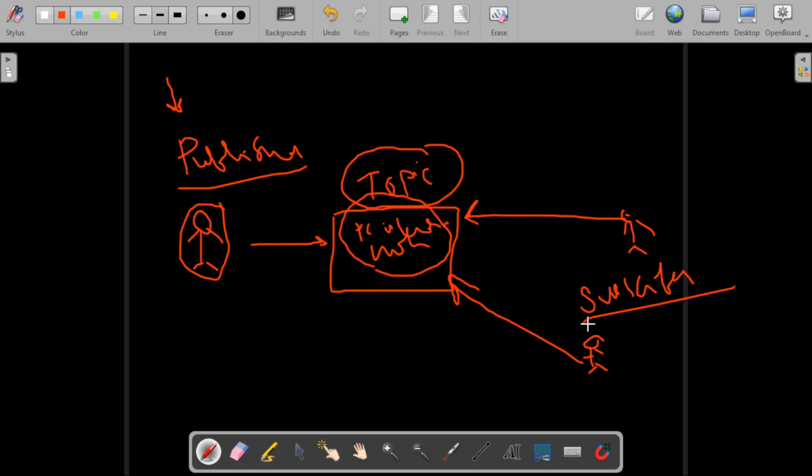This guy can consume the same message, even this guy can consume the same message. It's like someone writes on a notice board and many students can consume that message, right? So this is overall based on that principle. I don't want to go in depth right now, but just to give you a very high-level idea. If you don't understand a bit, that's fine, because we are going in depth on this.